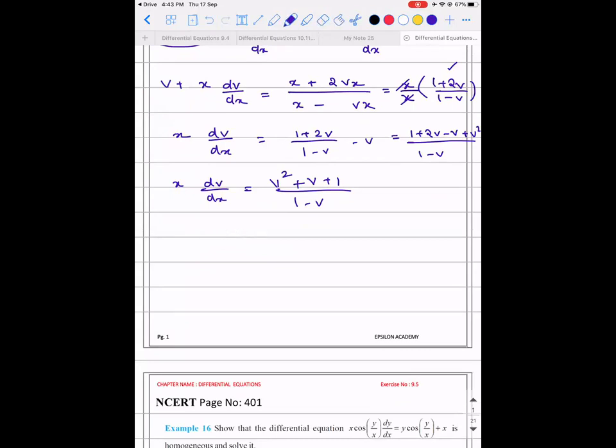Will you be able to separate x and v terms? We can write 1 minus v divided by v square plus v plus 1 is equal to dx divided by x. Now we are able to apply variables and separable. Now will you be able to solve the left hand side and right hand side? You just need to integrate it, you will get the answer. So 1 minus v divided by 1 plus v square.